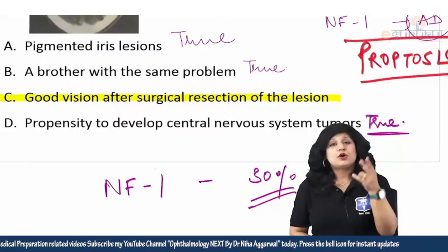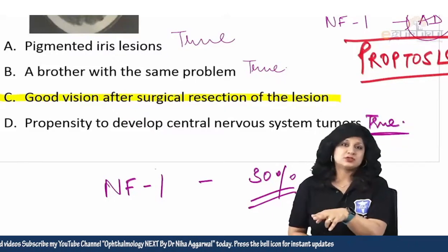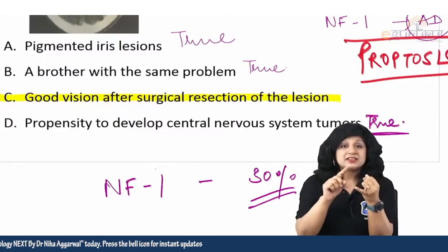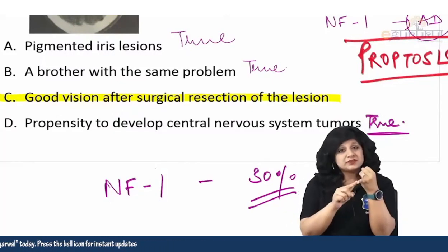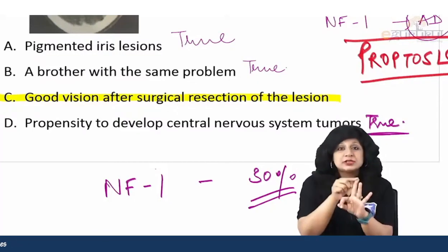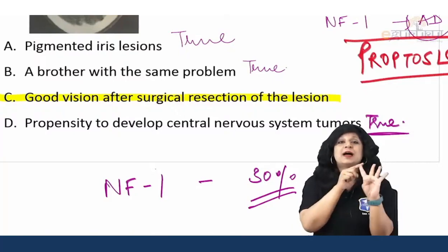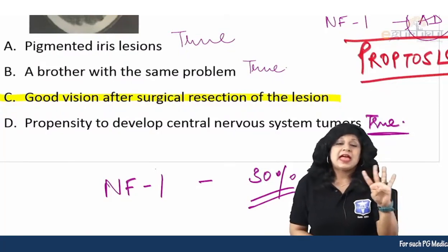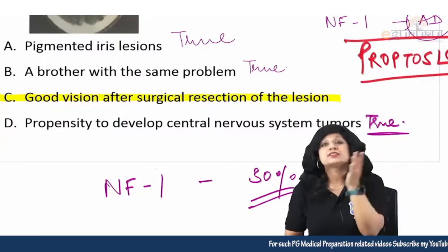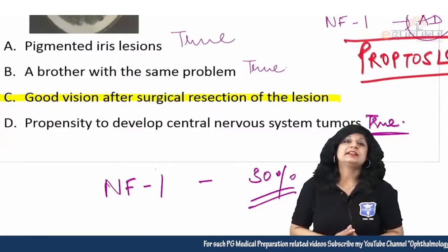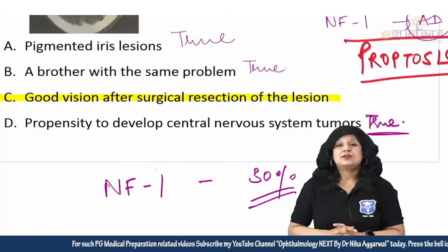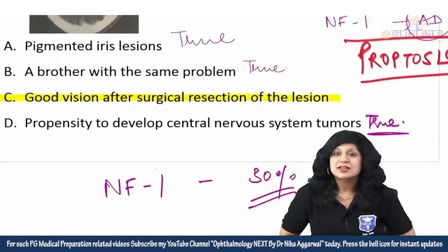The second important thing is that this will obviously affect the vision in the patient because it is affecting the optic nerve. So, the systemic part, that it is associated with neurofibromatosis; the genetic part, that it is autosomal dominant; then the ophthalmology part, the Lisch nodules; the radiology part, that is the fusiform enlargement; and then the neurological part, it is associated with CNS tumors; and ultimately the treatment part, the surgery part: that it will have good vision after surgical resection is a wrong statement.